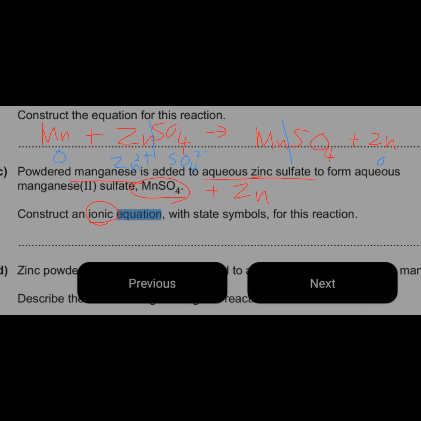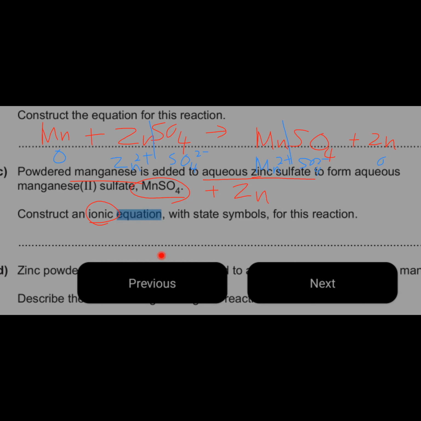Here also manganese 2+, I'm writing manganese, and sulfate 2-. Right, fine. So if you have ions like that, now what is the ionic equation here?